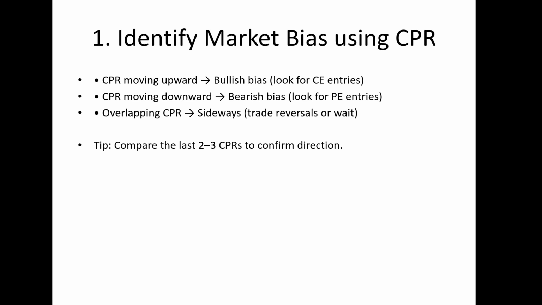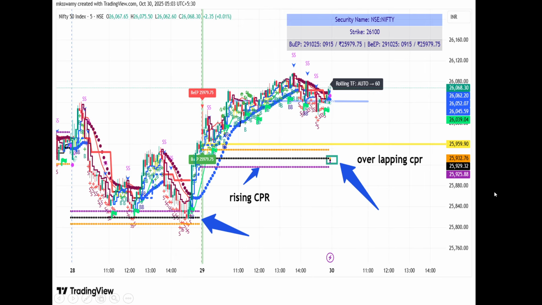Along with the rolling pivots, you will get an idea where the market is going to take support or where it is going to get rejected. That is the beauty. You will get to know all those things. With the CPR, if it is moving upward, ascending CPR, descending CPR, and overlapping CPR. 3 things. You just watch it.